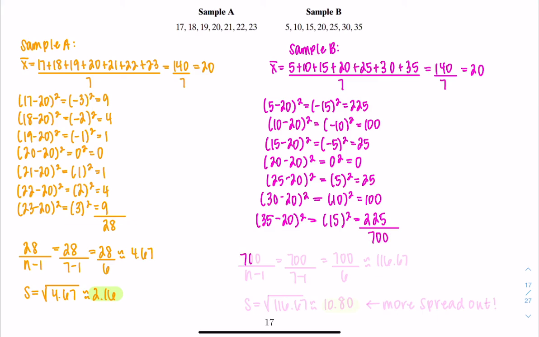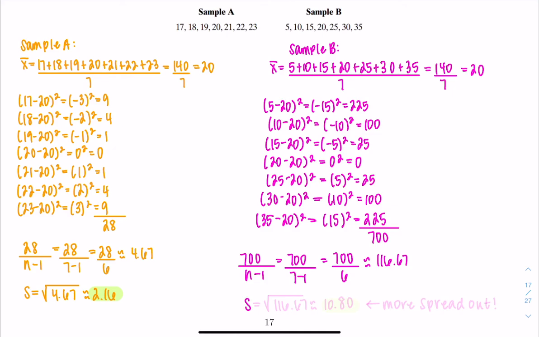We are going to take our 700 and divide by n minus 1, which we still have 7 data values. So this is 700 divided by 7 minus 1, or 700 over 6. Which is approximately 116.67.